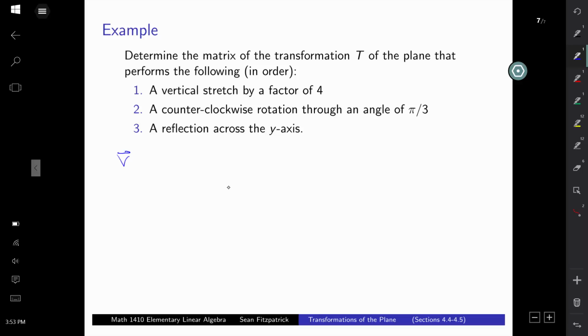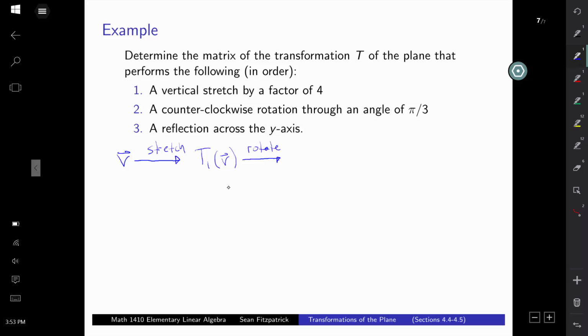I start with some v, and first we're going to stretch. I'm going to apply a stretch transformation, call that T1, so I get T1 of v.